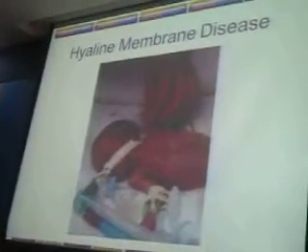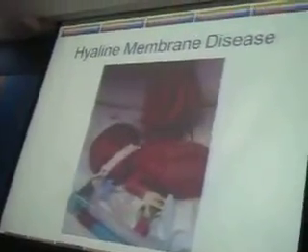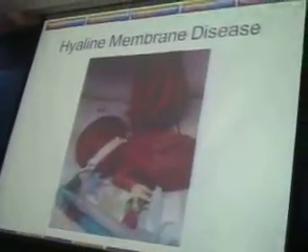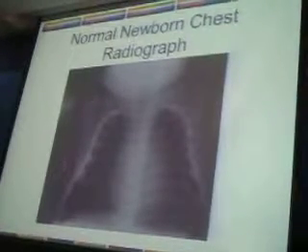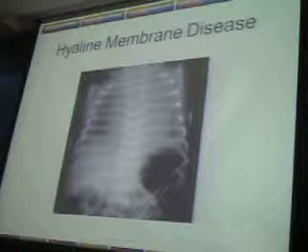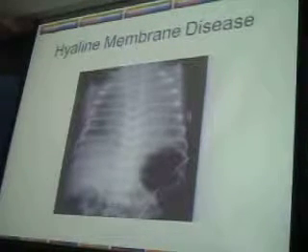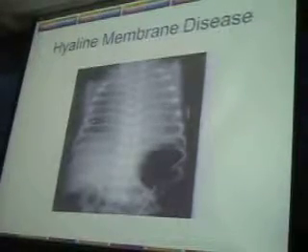The last time I used it, it was 18,000 per vial. I don't know how much it is now. So again, ito yung normal, but when you have the radiograph of hyaline membrane disease, it's all white. We call it your ground glass appearance. Okay?